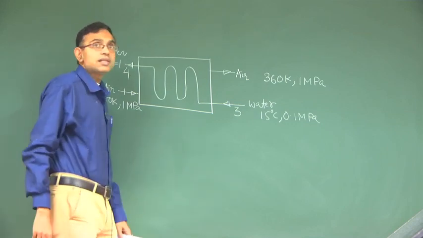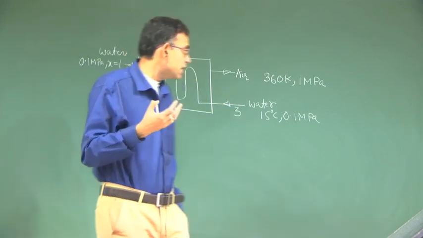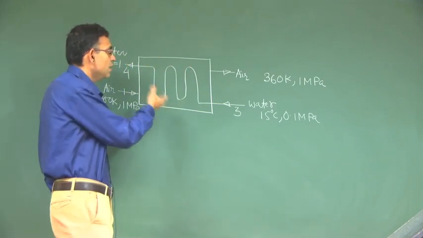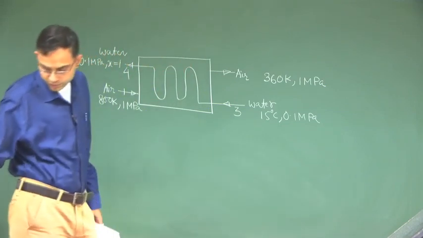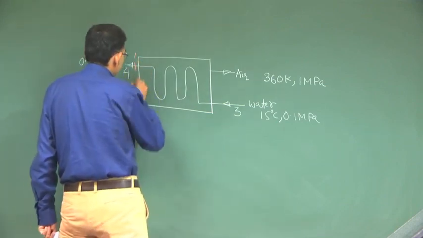As we discussed earlier, the purpose of the heat exchanger is to exchange the heat between the two streams. Here the streams are air and water. So, we will construct a control volume.